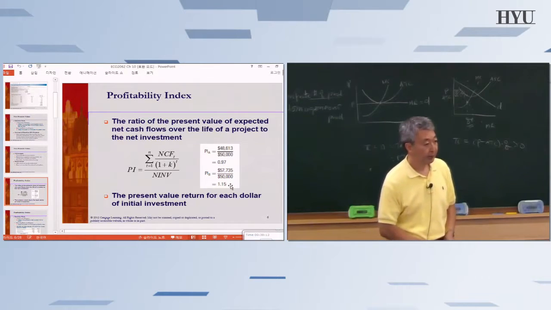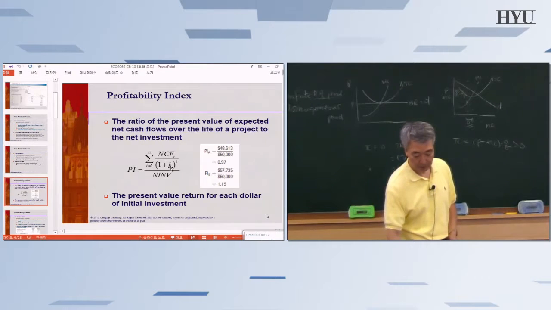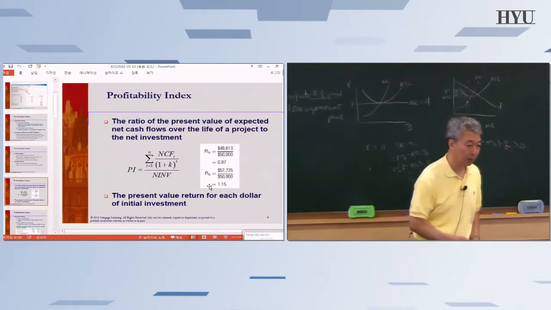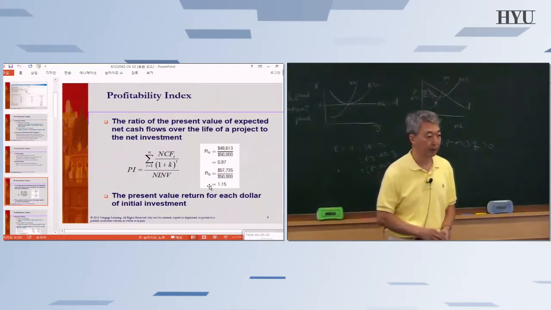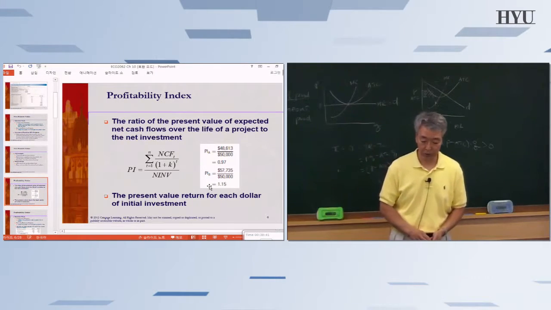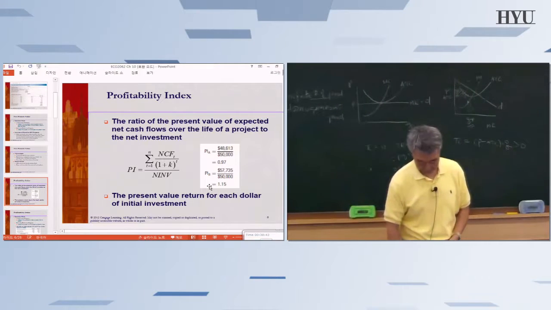Then what that means is the present value of all the cash flow return was 1.15 times the net investment. In other words, for every dollar you invest right now, you're going to get $1.15 in terms of discounted future cash flow. So that's the only use of profitability index.